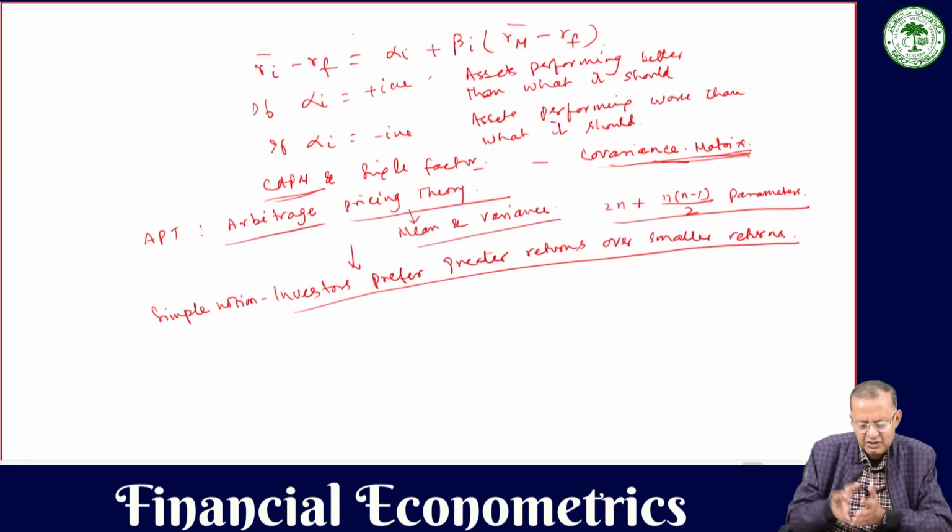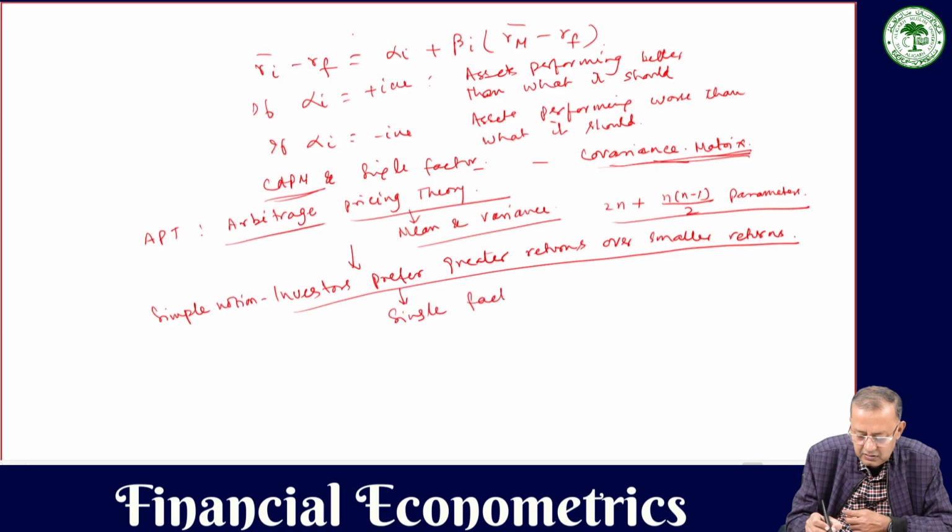So let us assume that this model assumes a single factor. This is a single factor model, meaning the rate of return is a function of a single factor f.